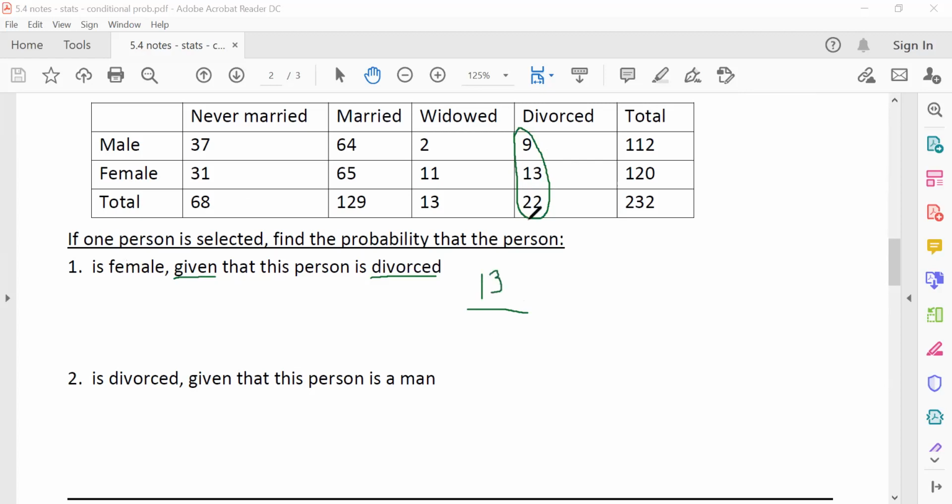The bottom number is going to be the total number of people who are divorced, the total number of things that are in the given category. So there's going to be a 13 out of 22 chance. And then you can go and calculate the decimal or whatever you need for that particular problem, round out to as many decimal points as you need.